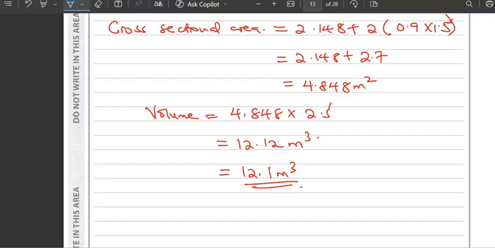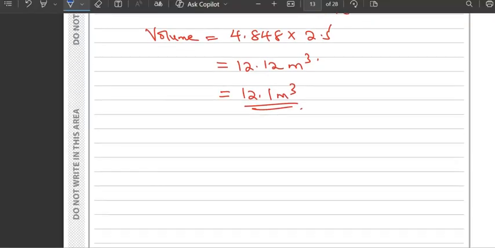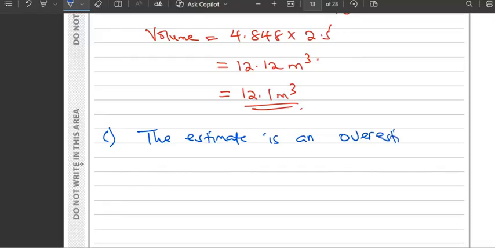So the reason we can give here, we can say for part C, we can say that the estimate is an overestimate. Why?